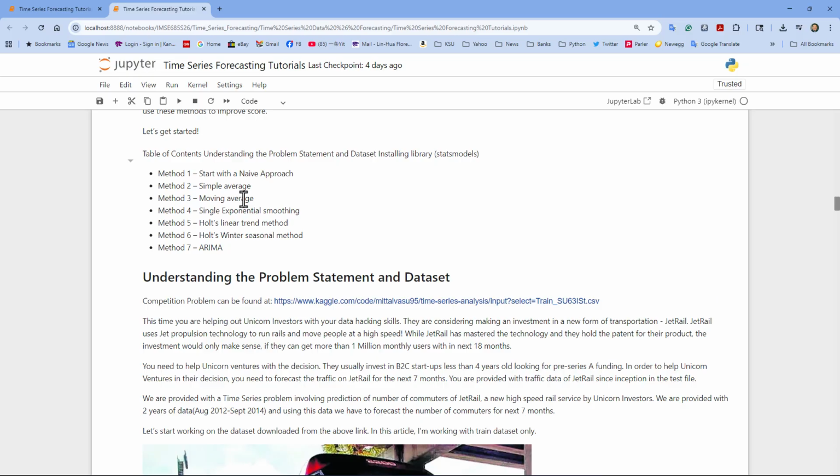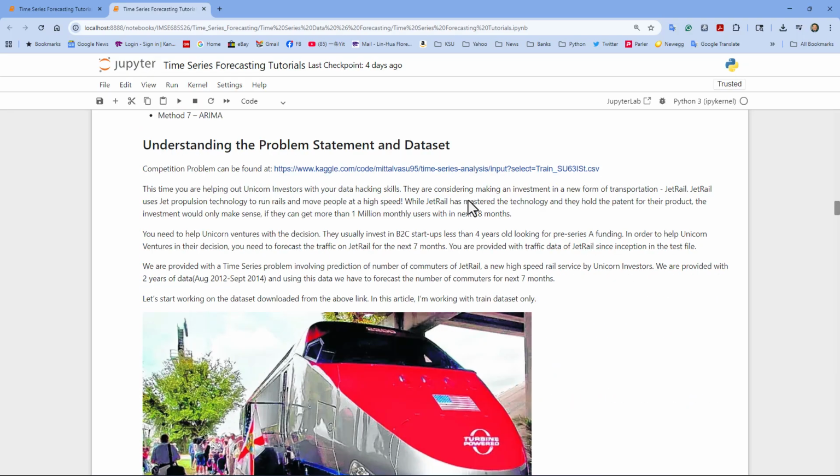Finally, we ended the last lecture by using the autoregressive integrated moving average method, which stands for ARIMA. It's a statistical method we introduced.